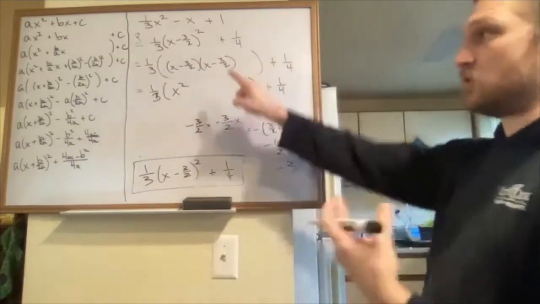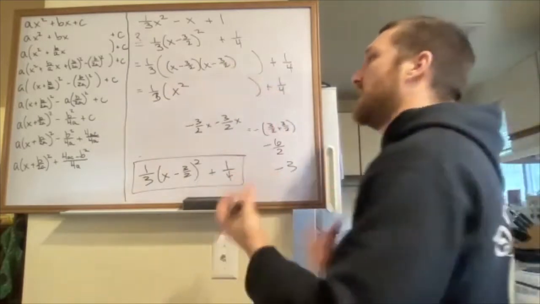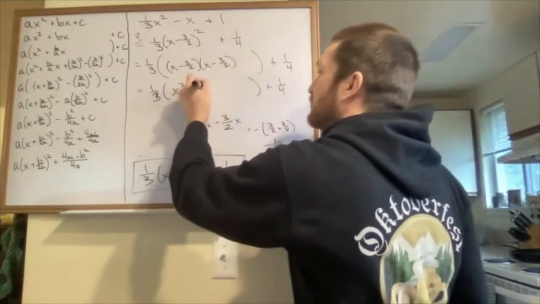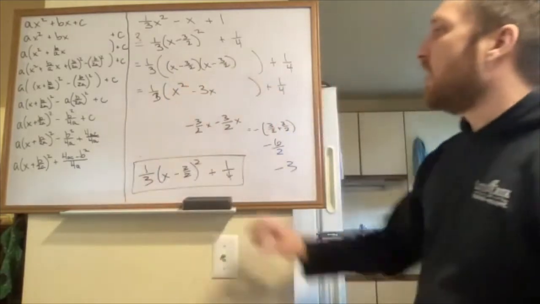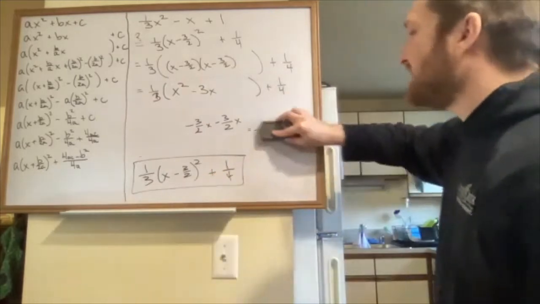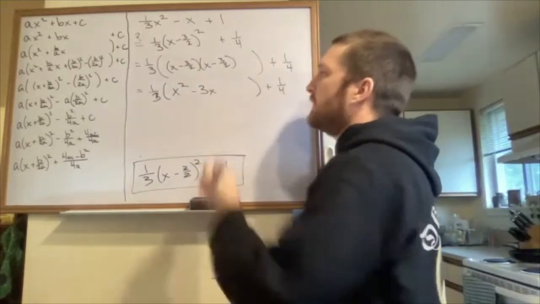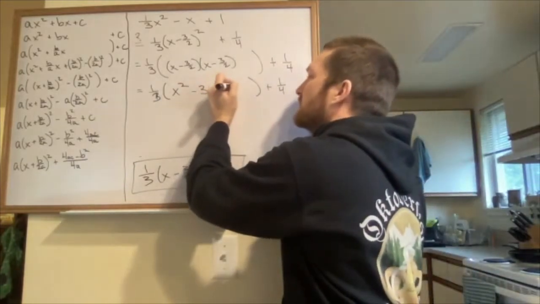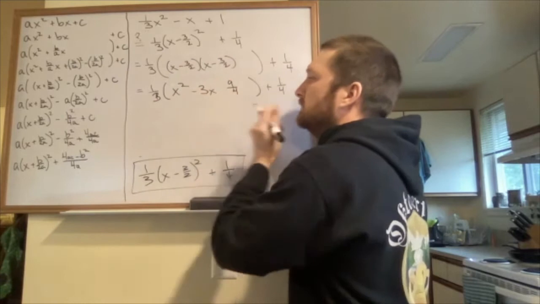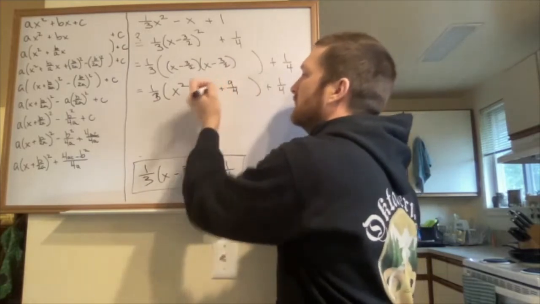Oh yeah, it's twice as much as that thing. 2 times 3/2 is 3. So minus 3x. Okay, finally, what do we get from our last multiplication? 9/4. Plus or minus? Plus. There we go.